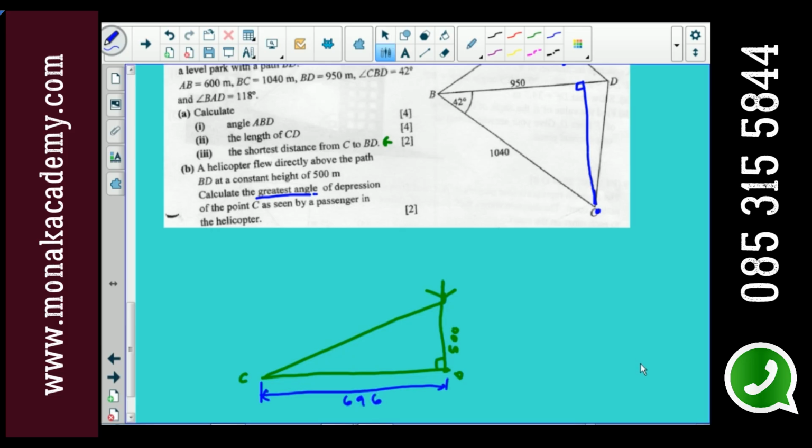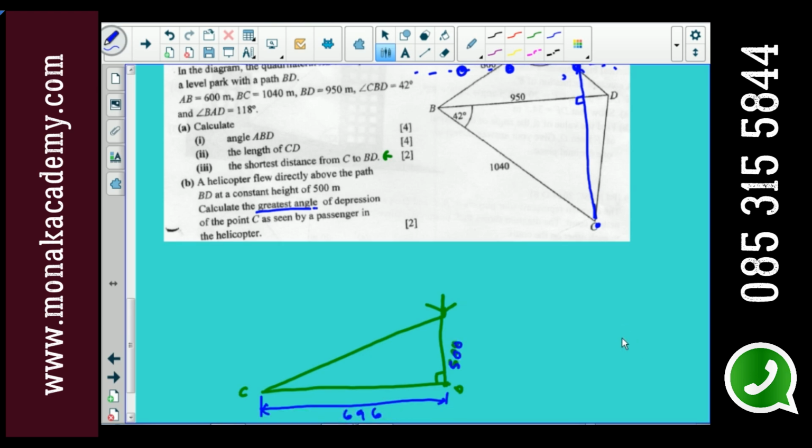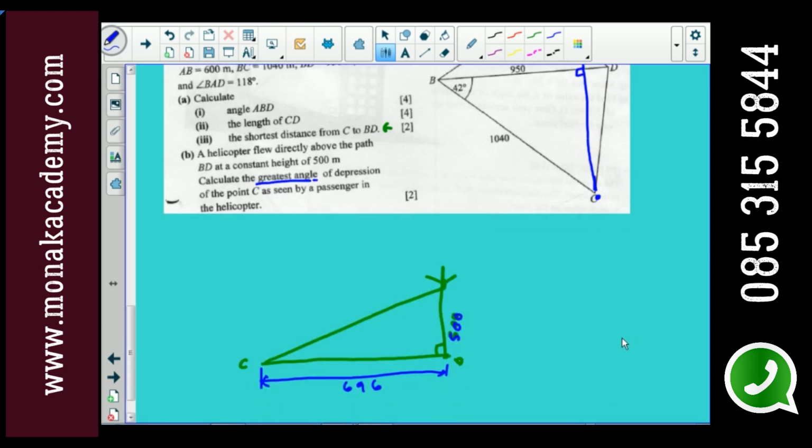And we also know that the height from the line to the plane is 500, which we have here. So there are the two things that we have. And they want the angle of depression, meaning they want which angle? Remember, it's from the person who is looking from the plane. So we want this angle, not this one.